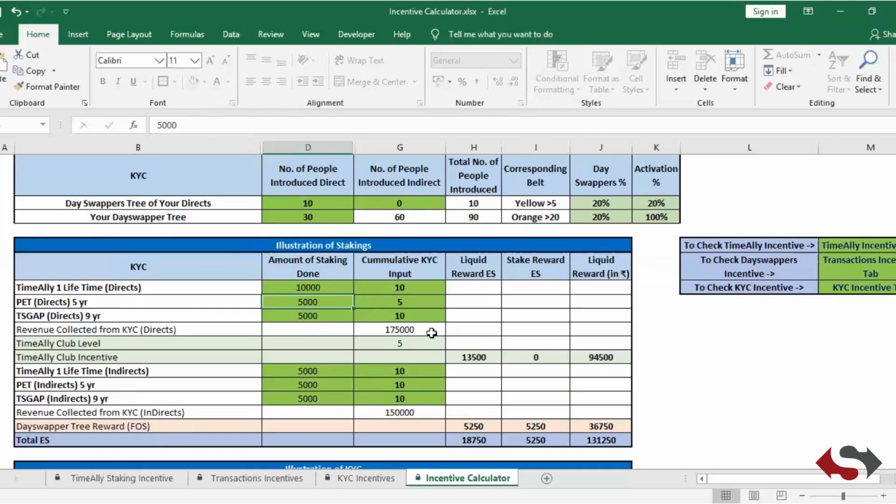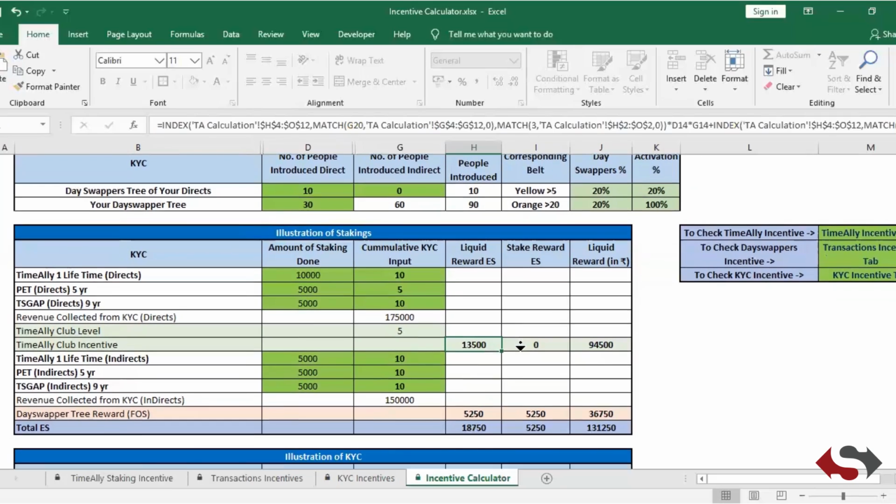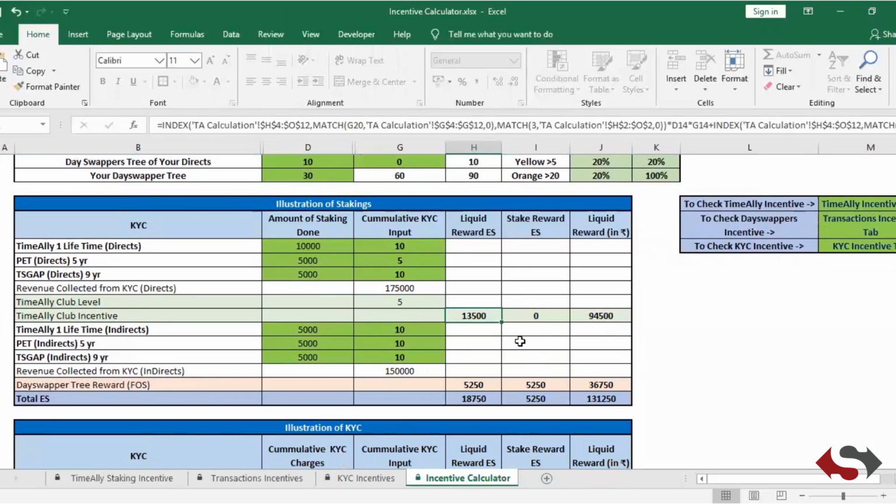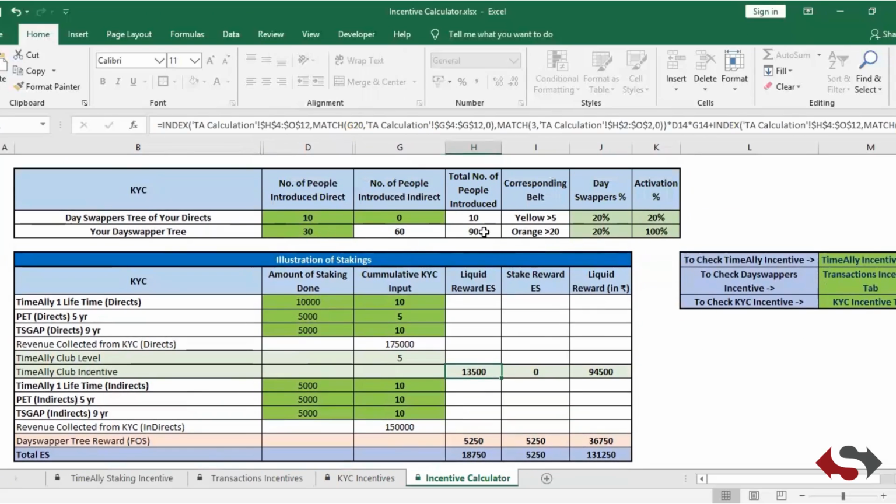According to that, I got a liquid reward of around 13,500 Eraswap from TimeAlly Club as my direct incentive. From the day swapper incentive, according to my PET, suppose I had 90 people, so I hit orange belt, while below me was at the yellow belt with around 5 people, around 10 people in this.